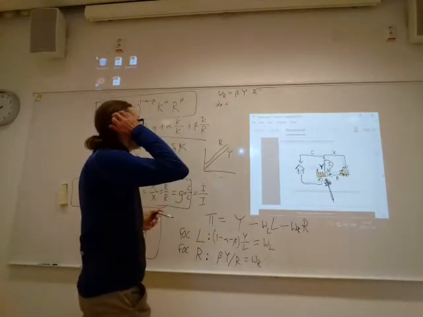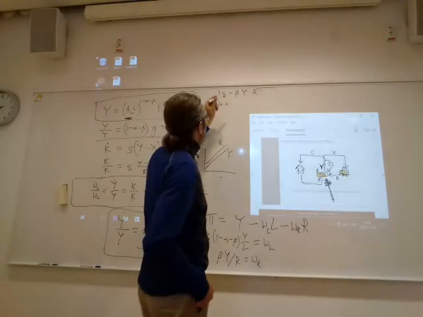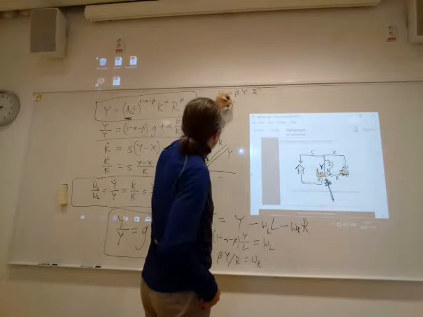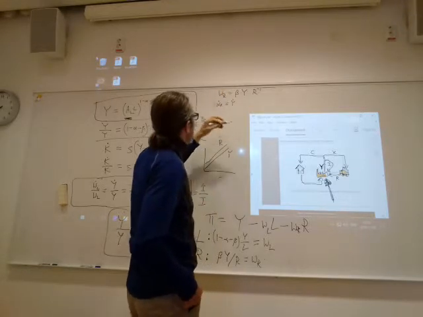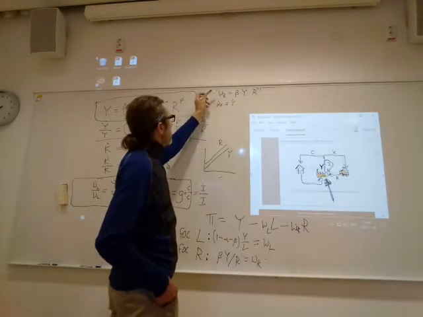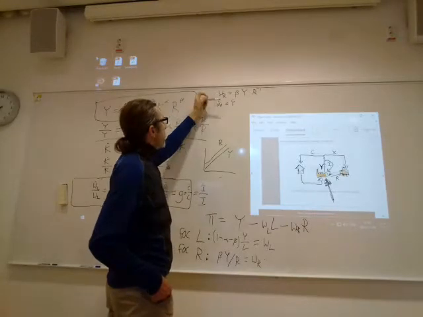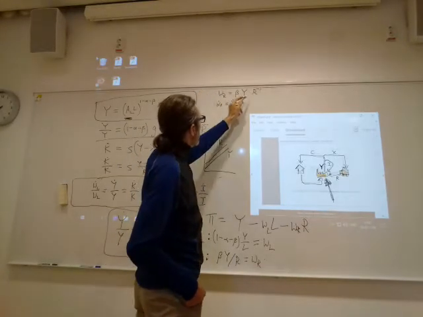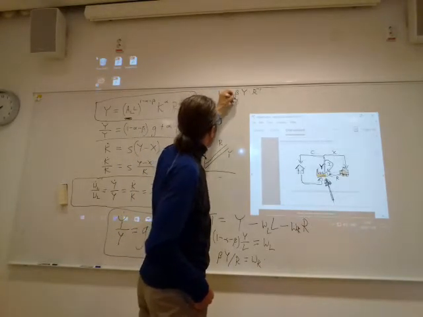Okay. So how much does Y change over time? Well, that's Y dot, isn't it? dY dt times dWR by dY. dWR by dY is just WR over Y, isn't it?